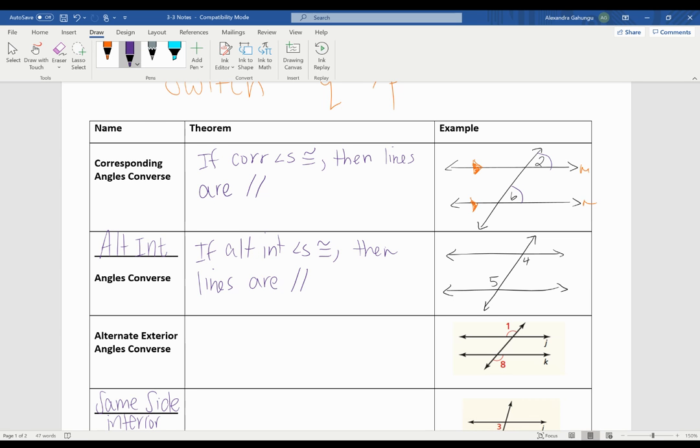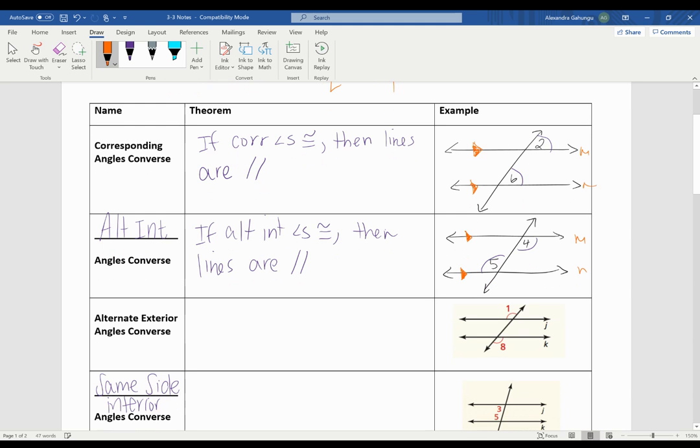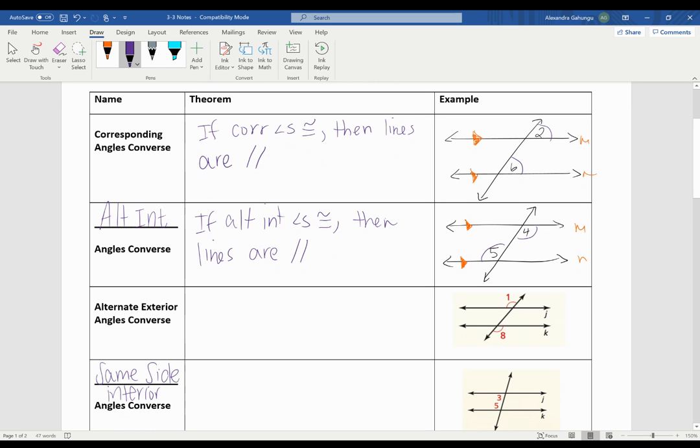So if I know angle 4 is congruent to angle 5, alternate interior angles, then I know that the lines, we'll call them M and N again, are going to be parallel. Again, with alternate exterior angles, this sort of helps us remind ourselves how to identify alternate, so opposite sides of the transversal, exterior, so outside.